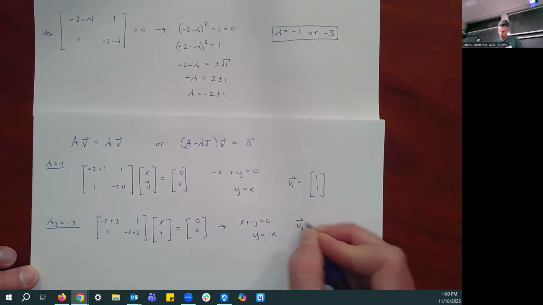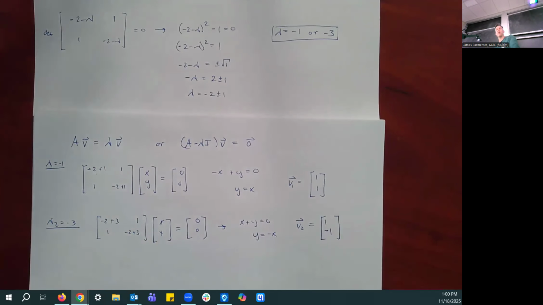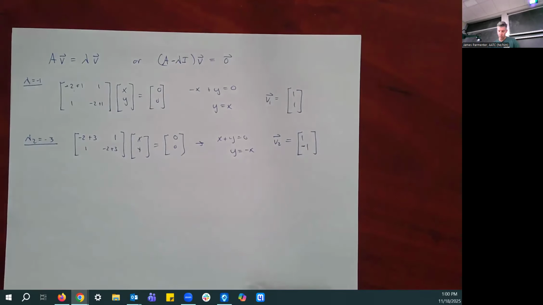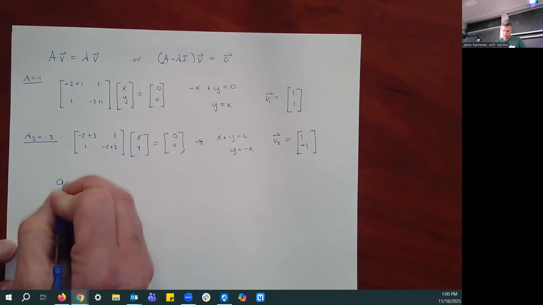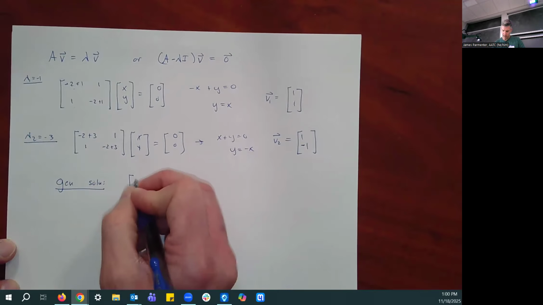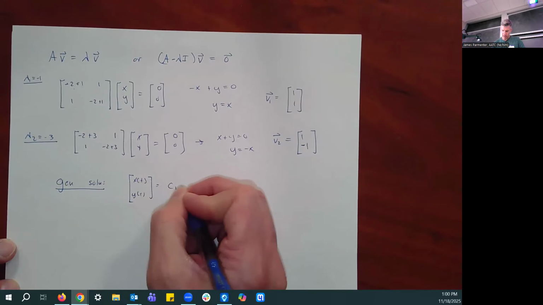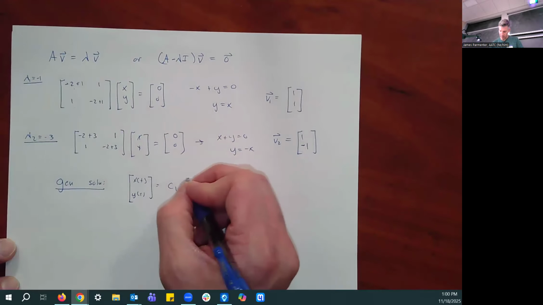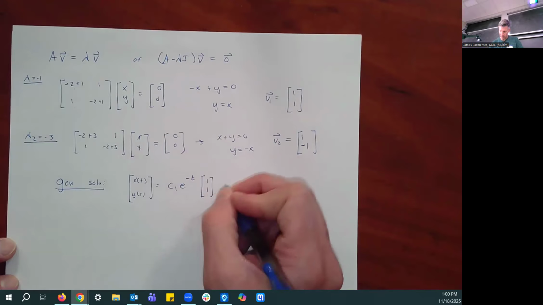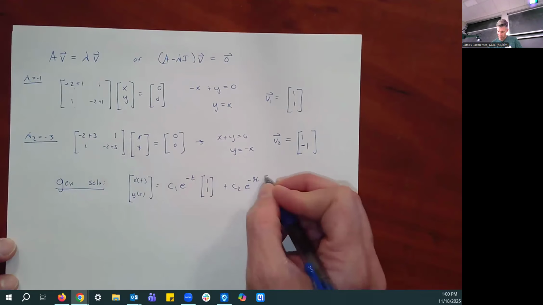So our second eigenvector is x is 1, y is -1, or x is -1 and y is +1. Either way, totally fine. So our general solution is x of t, y of t equal to c1 e to the -1 times t times v1 plus c2 e to the -3 times t times v2.